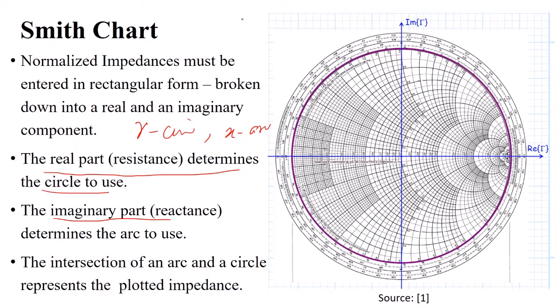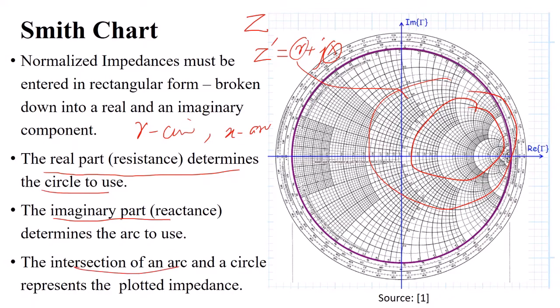The normalized impedance gives you R plus jx, and using these two values you can find the corresponding circle. These are the tangent circles, and x is the arc here. The intersection of the circle and the arc gives you the point location where you can find the reflection coefficient.